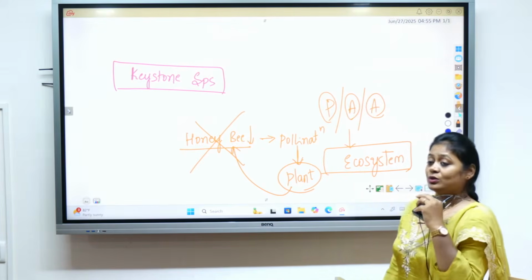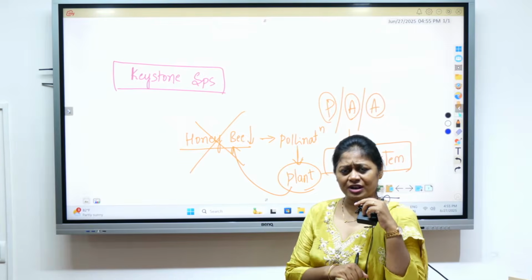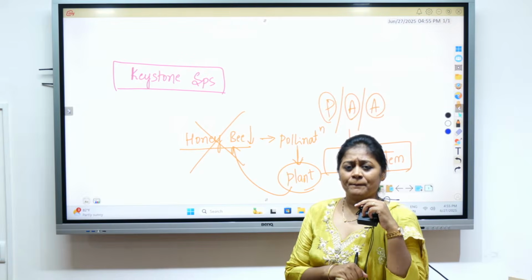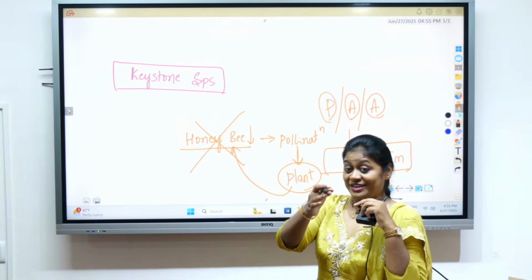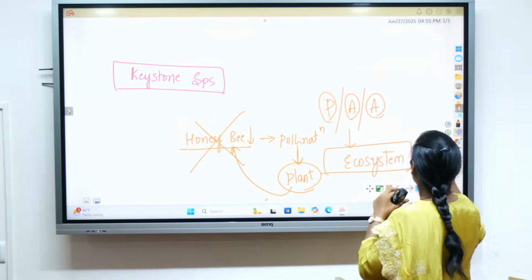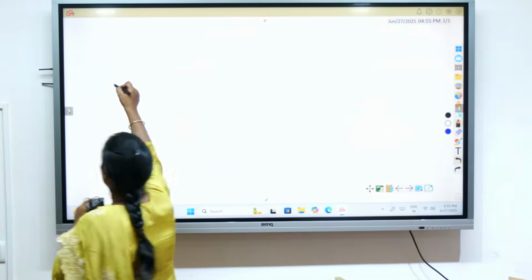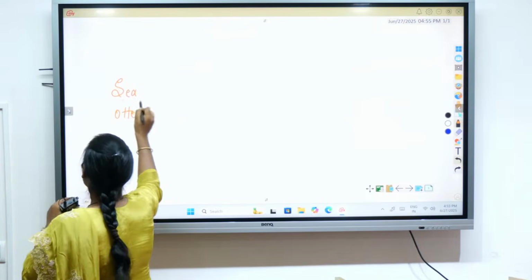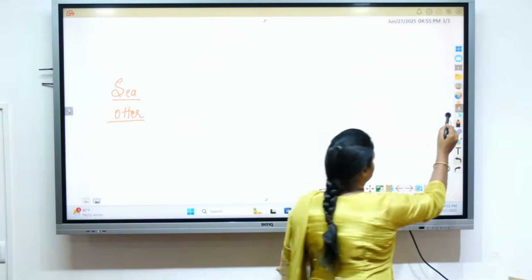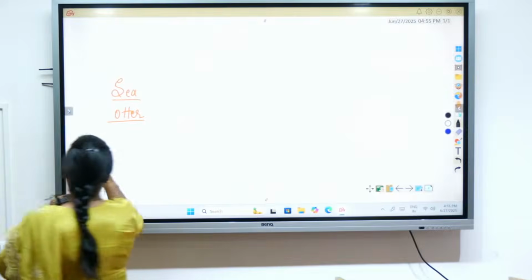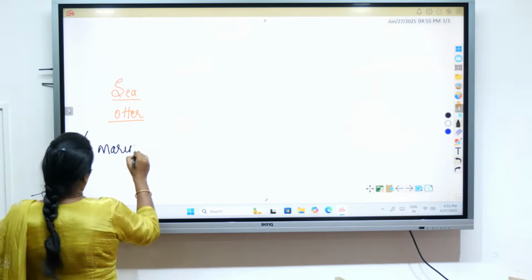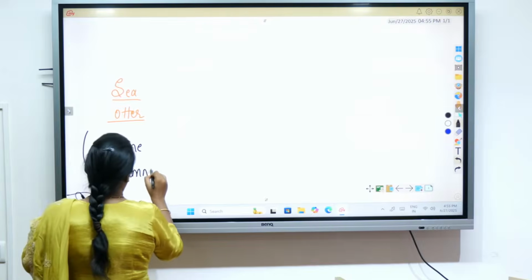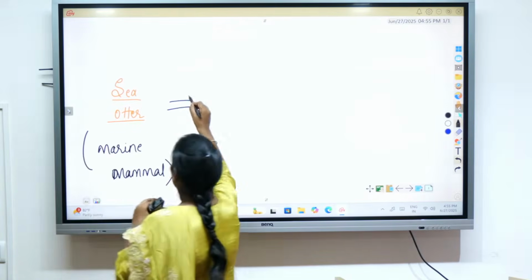Another such species I discussed last class. See, the sea otter, very good. The sea otter is a marine mammal present in the ocean.